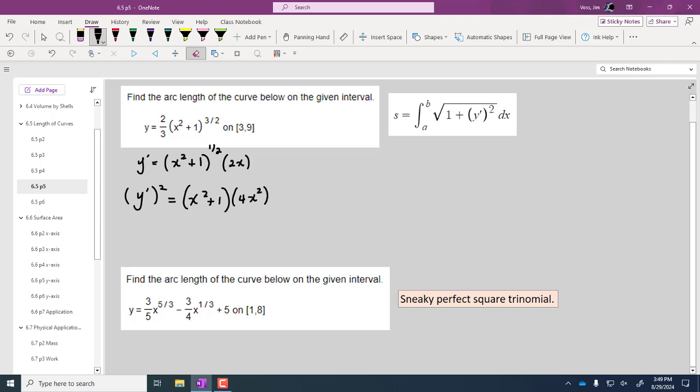All right, and then we can combine this together, so we're going to get 4x to the 4 plus 4x squared.